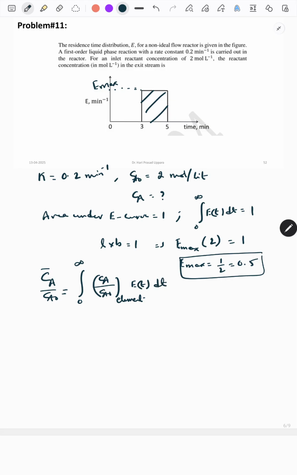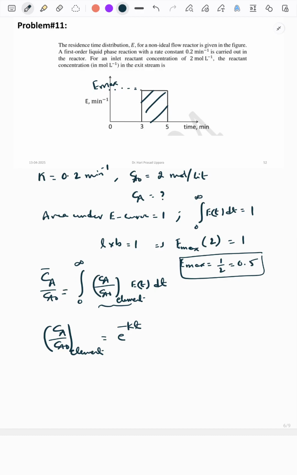This is the representation for calculating the mean concentration at the outlet of the reactor. Since it is a first order reaction, Ca by Ca0 of the element is equal to e power minus kt. This is the correlation for the first order reaction.